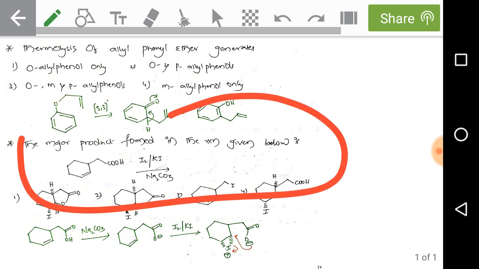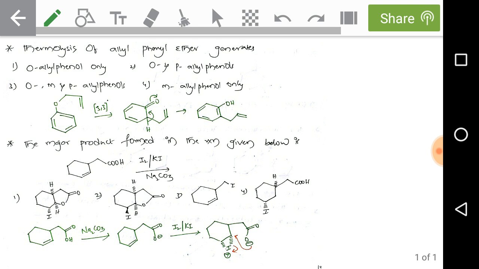Next one, the major product formed in the reaction given below is. So just look at the mechanism here. We have Na2CO3, which can act as a base and takes a proton from the carboxylic acid functional group. In the next step we have I2 in the presence of potassium iodide. So the double bond makes a 3-membered ring from the backside.